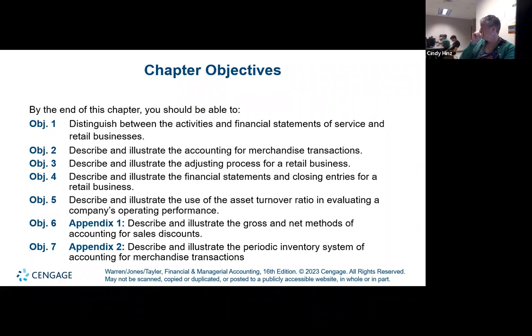Traditionally, up until maybe even 20 years ago or more recently than that, there were many companies who used periodic inventory systems because they sold product that was maybe small value, low ticket items, and it just wasn't worth it to try to track the inventory on a real-time basis.